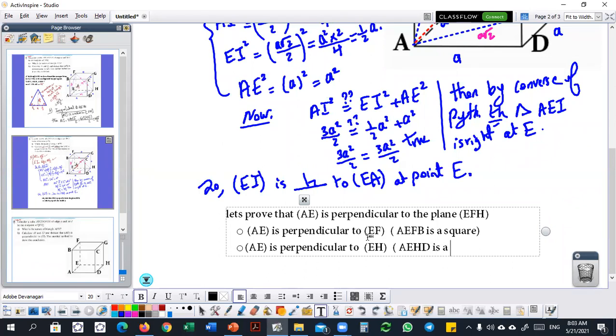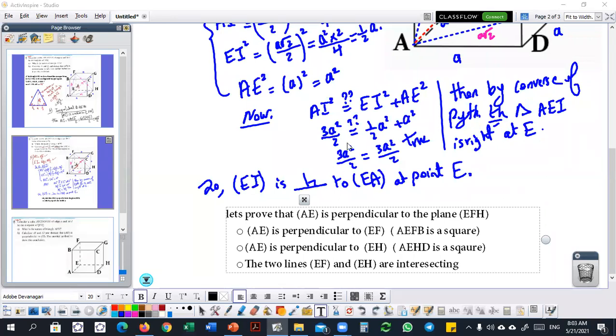AEHD is a square, right? What do we say now? The two lines are intersecting. Which two lines are they? EF and EH, sorry. Yes, EF and EH are intersecting.